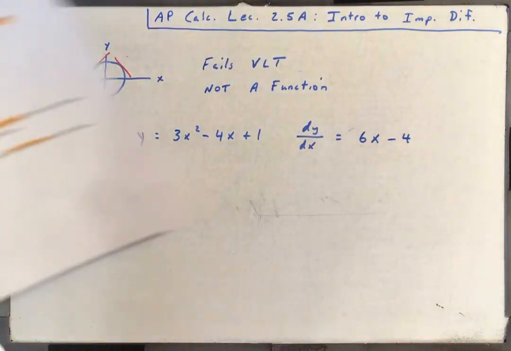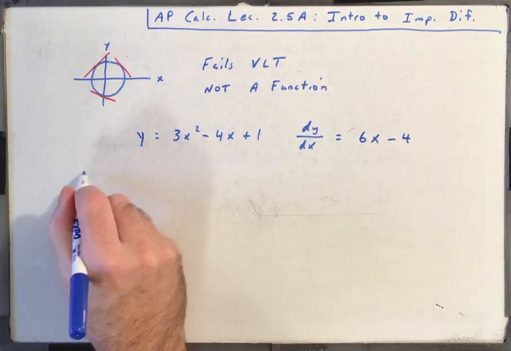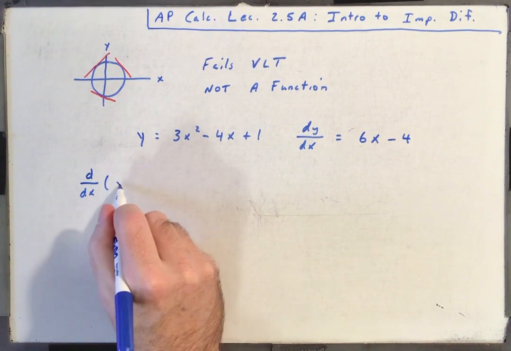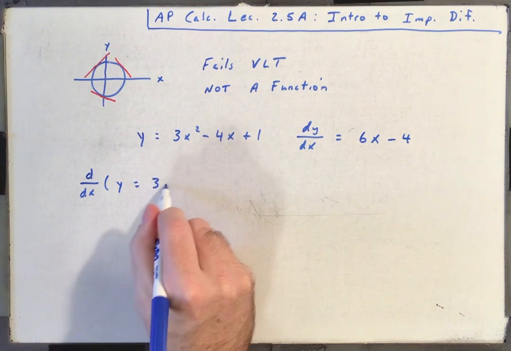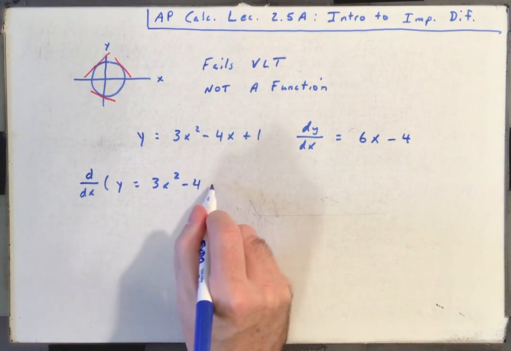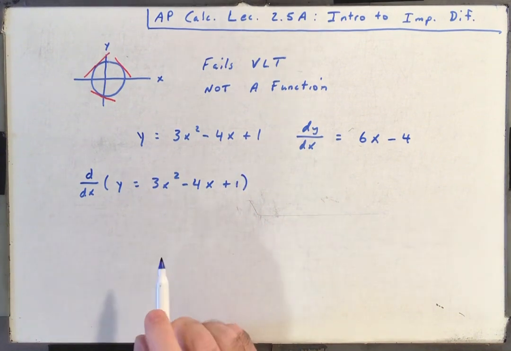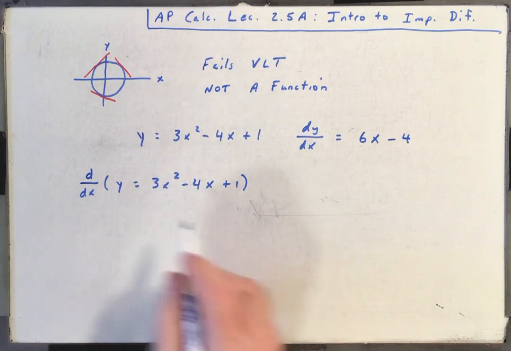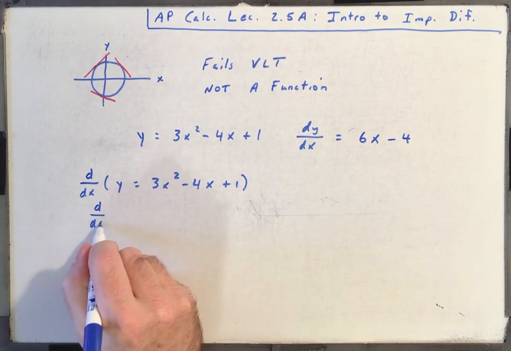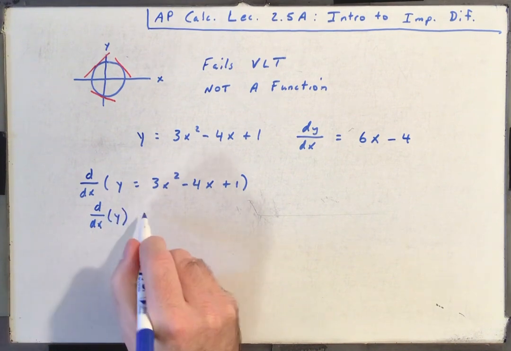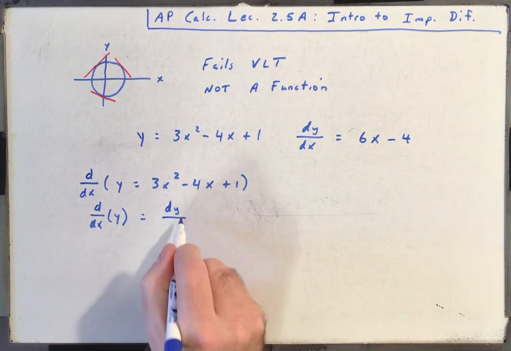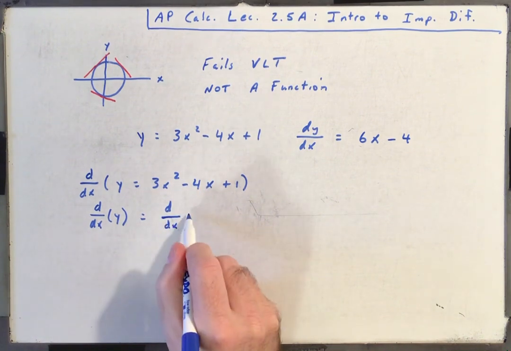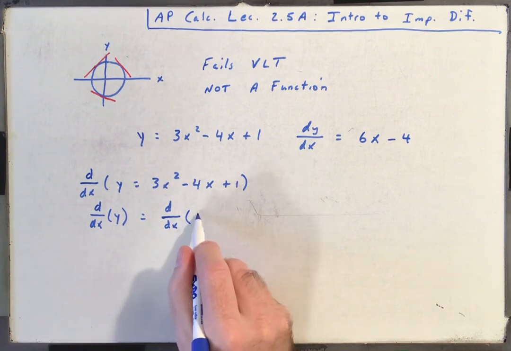So if we have the next bullet, this notation, d dx of (3x squared minus 4x plus 1), that means we're actually supposed to take the derivative of both sides. So we're taking the derivative of y, and then we're taking the derivative of the right side, with respect to x, of both the left side and the right side.